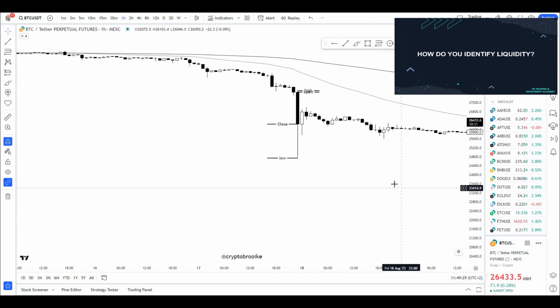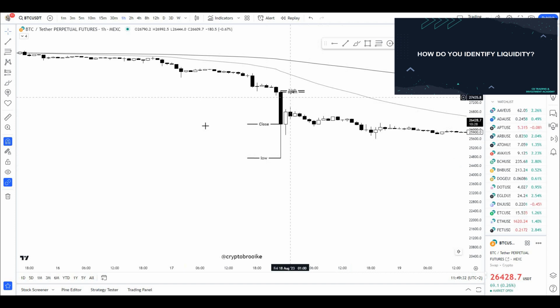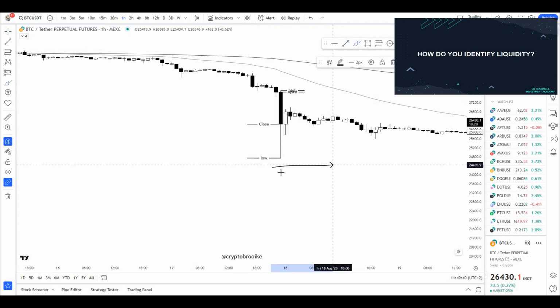So let's say if you were longing in this area after this wick, you would put your stop loss somewhere here, which means that this is the liquidity that has to be taken. It's just another word for either a lot of stop losses being there and also a lot of buying and selling pressure or orders in a certain area.